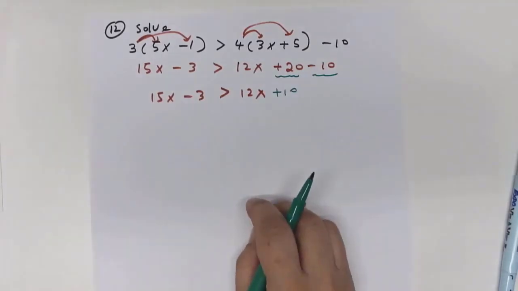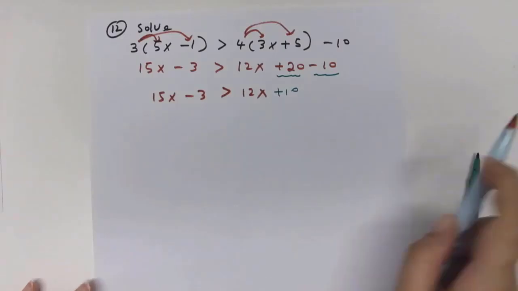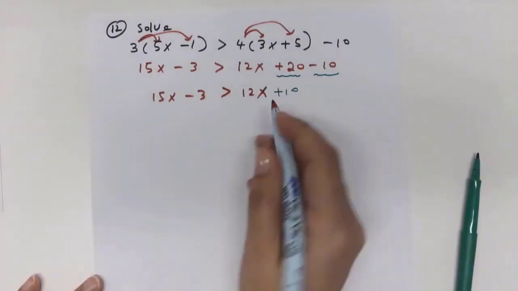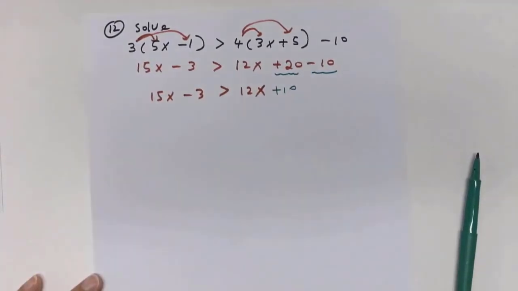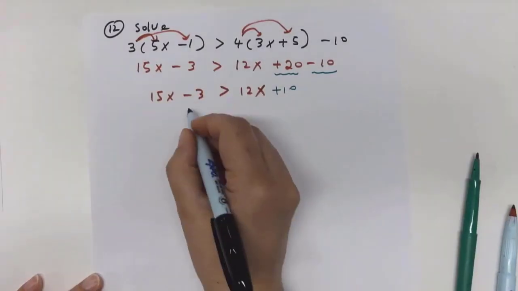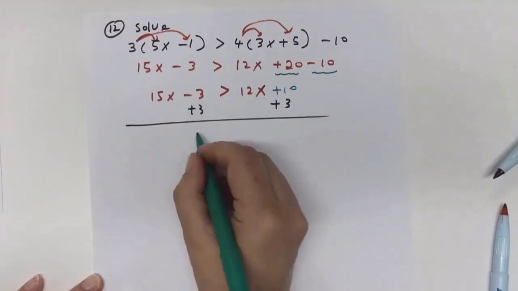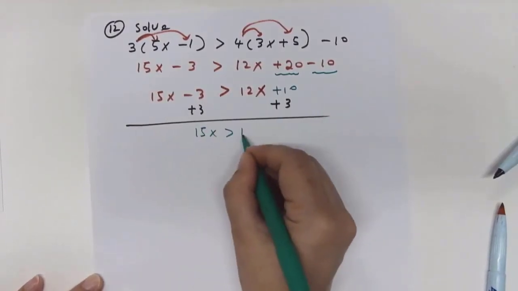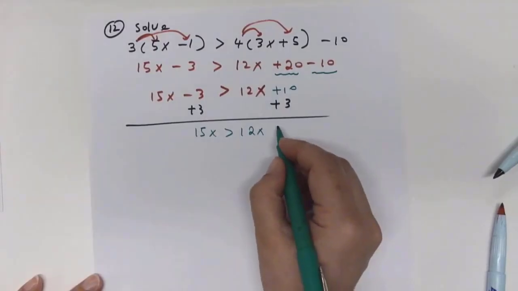Okay, we are still solving for x, so x needs to be by itself. I want all my x here, all my numbers on the other side. Add 3 to both sides. 15x greater than 12x plus 13.